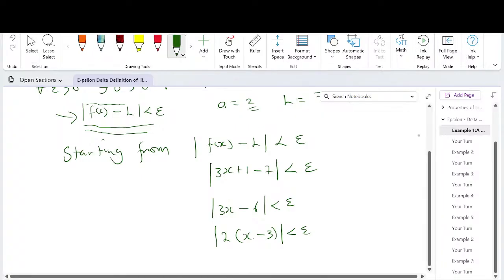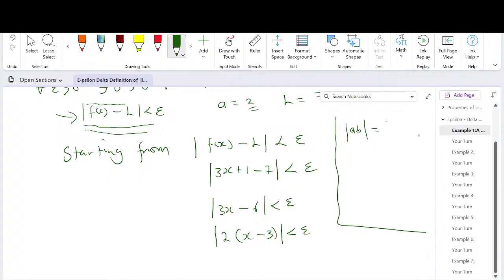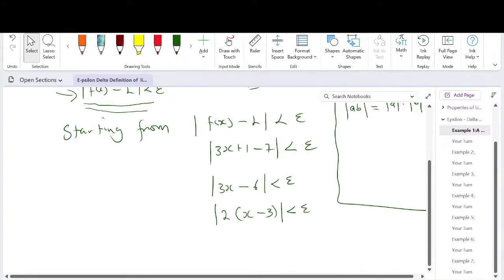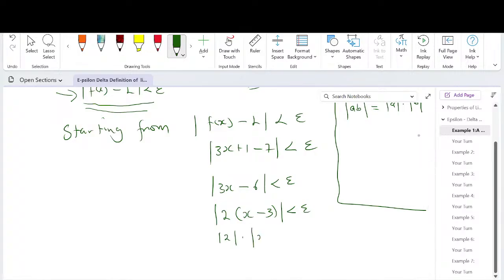If you have the absolute value of a times b, you can actually split them into the absolute value of a multiplied by the absolute value of b. So I can do the same thing here. I can say this is the same as the absolute value of p times the absolute value of x minus 3, and the absolute value of q is 2.